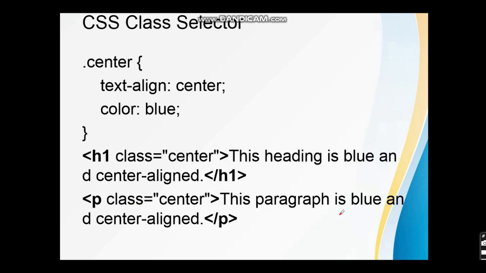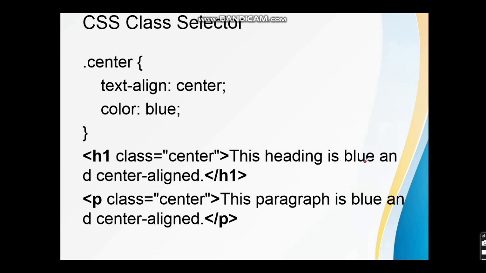Next, the CSS class selector. Here you can see the indication of the class selector is a dot. As you have seen in the previous slide, the ID selector indication is hash; similarly, the class selector indication is dot. All the elements having the class will be formatted according to the defined rule. Here you can see H1 class equals center.